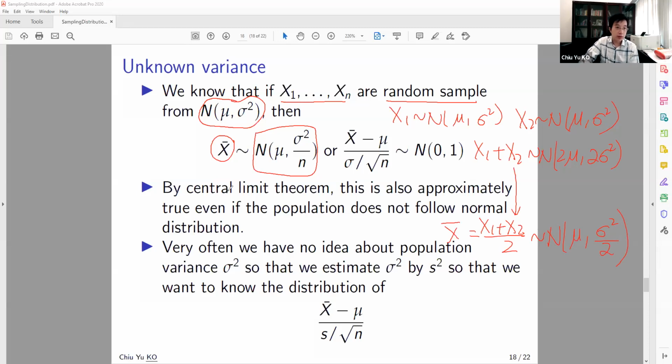So in this case it will be N(0,1). This is something true even without the central limit theorem, but the central limit theorem says that even if we forget about this assumption, this is also true.